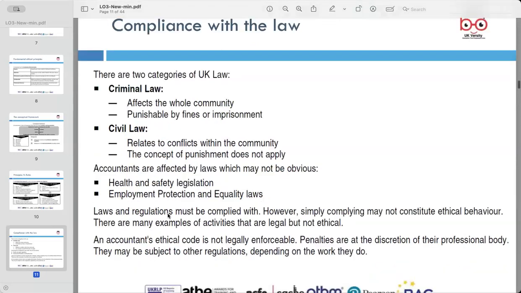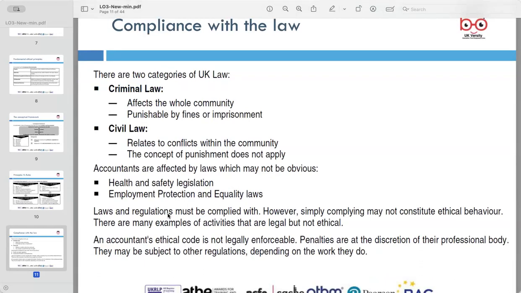So, accountants may be subject to various laws that may not be immediately apparent, such as health and safety legislation, very common, or employment protection and equality laws. While these laws must be adhered to, ethical behavior extends beyond mere compliance.